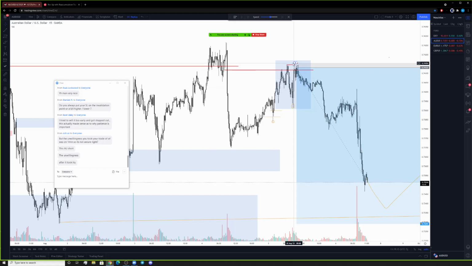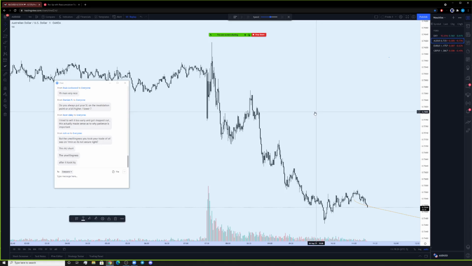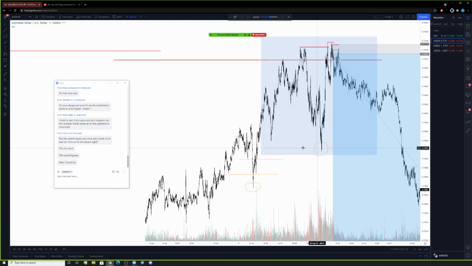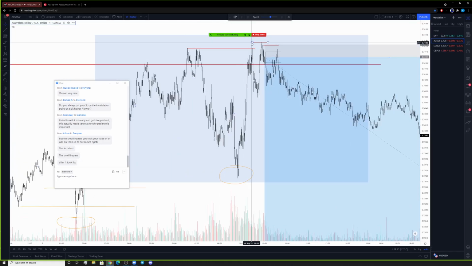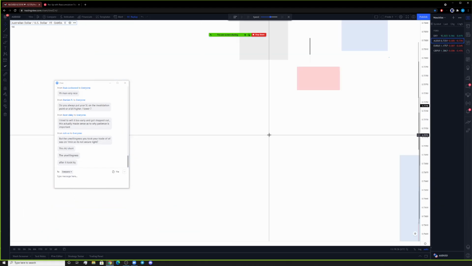It's until this unsubstantial new high is created that I can start zooming in to M1. It's only until this is showing me the unwillingness, which is the liquidity grab here. You can see it. Low, high, new low. This is based on M15.